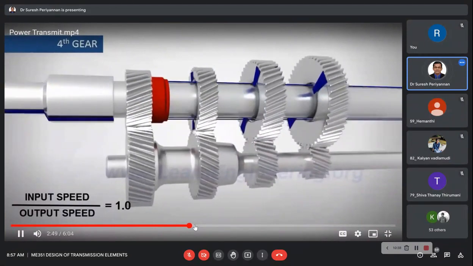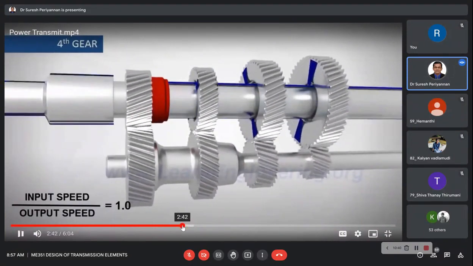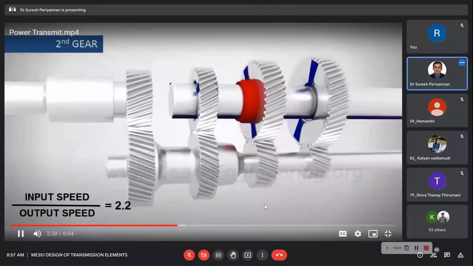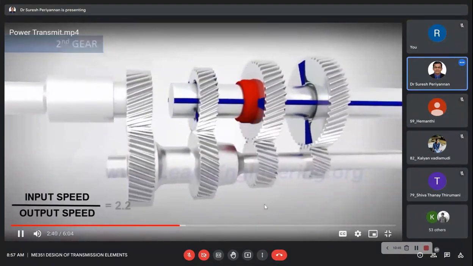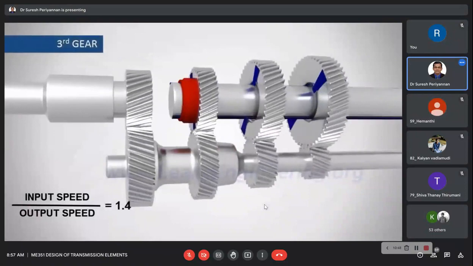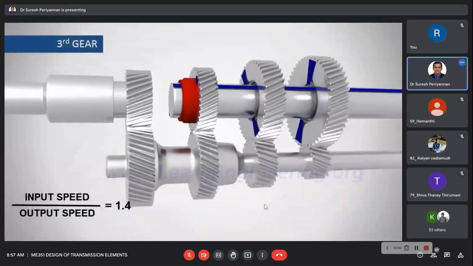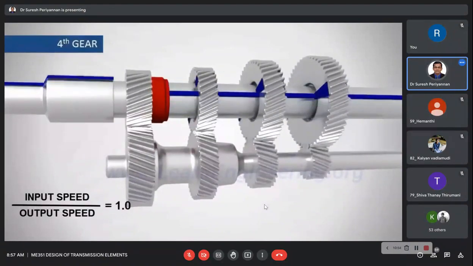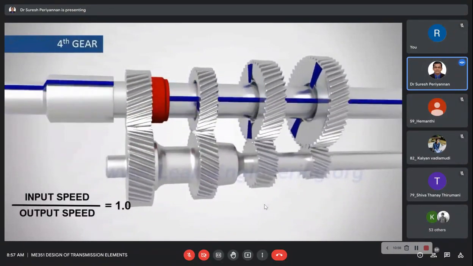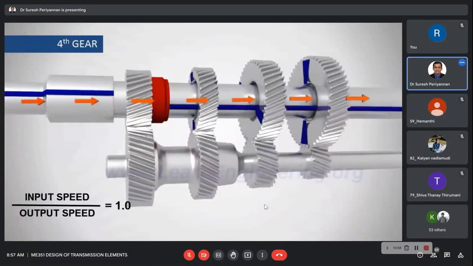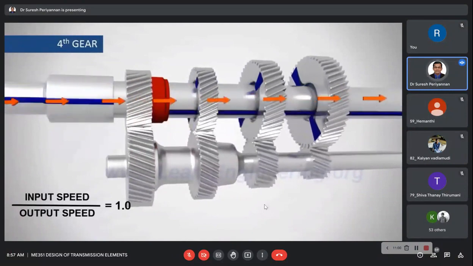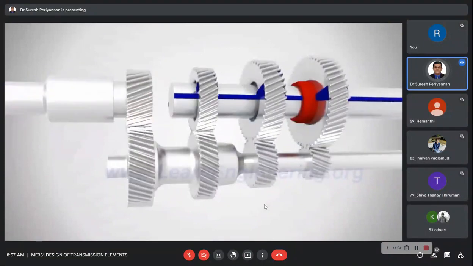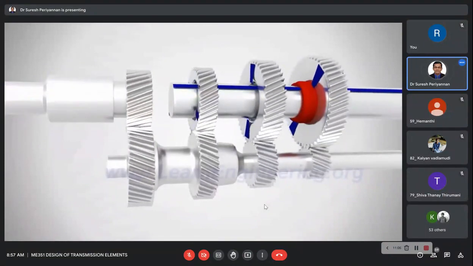It is interesting to note that in fourth gear, the input and output shafts are directly connected. The art of locking a loosely held gear to the shaft effectively and smoothly lies at the heart of the manual transmission.